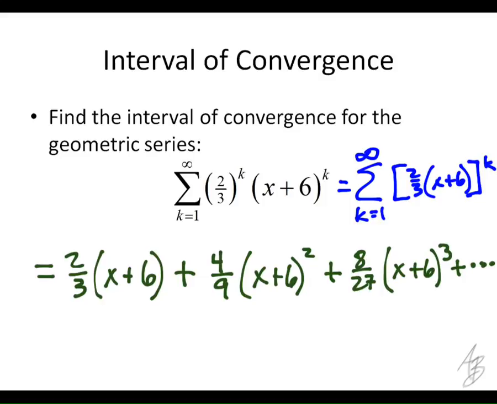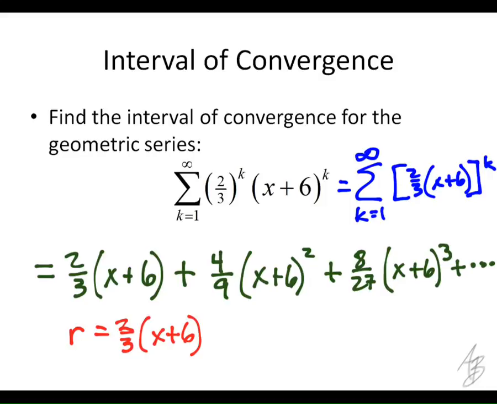Does that mean the same thing? Yeah, so every time I increase k by 1, I'm multiplying by 2/3 times x plus 6 one more time. So my common ratio here is 2/3 times x plus 6. You guys agree with that?